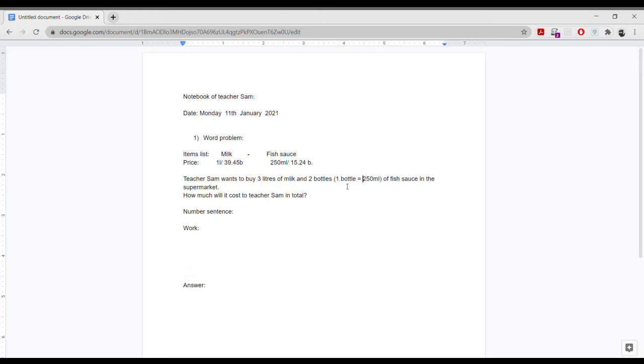Now you see 250 milliliters with this price. So I want to buy, อยากซื้อ นมกับน้ำปลากี่ขวดกี่ลิตร อันนี้ต้องมารวมกันนะครับ ต้องมาตั้ง mix operation. And then you write number sentence, work and answer.